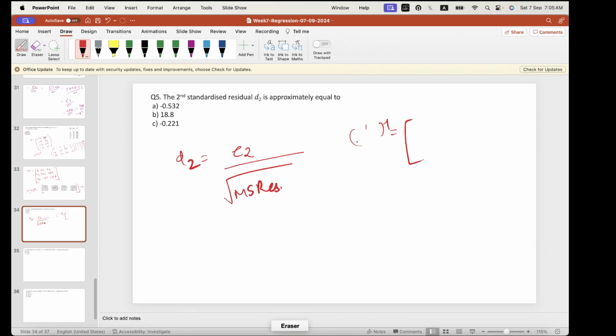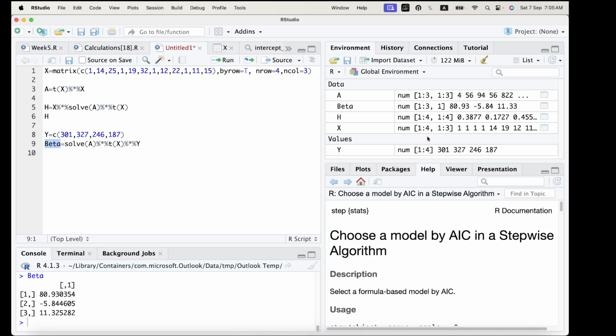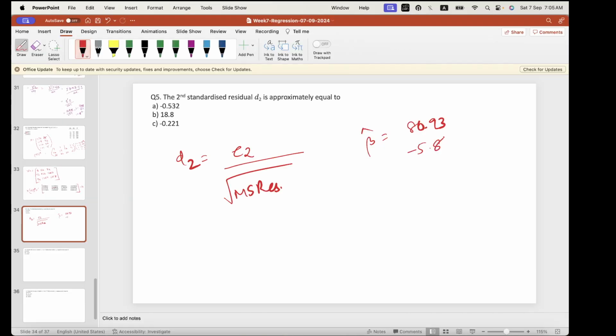From the above equation we have beta hat as 80.93, minus 5.84 and 11.325. Okay, so then E2 will be Y2 minus Y2 hat.